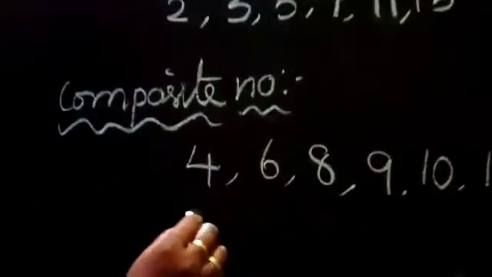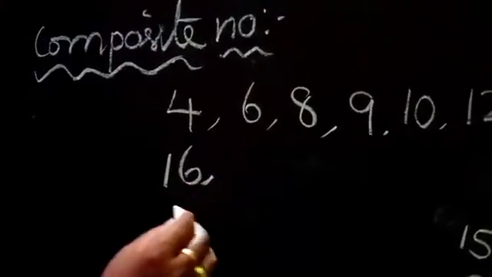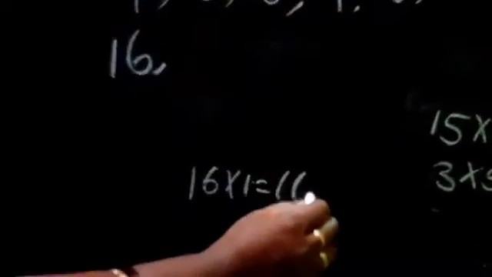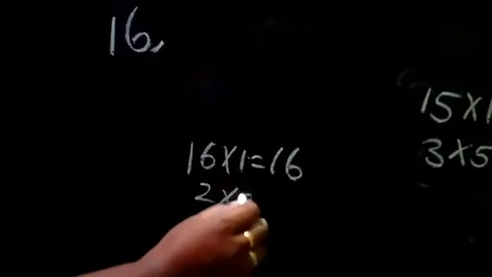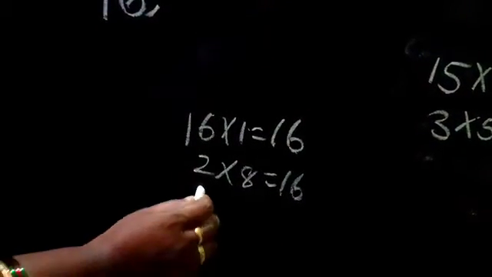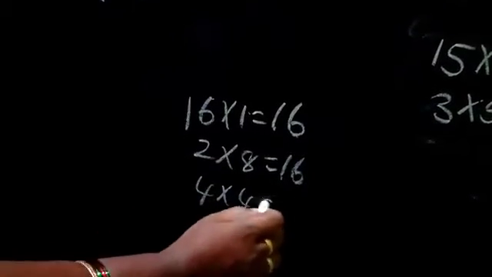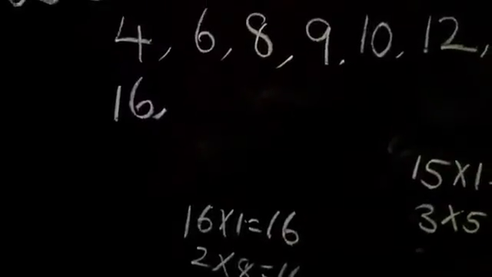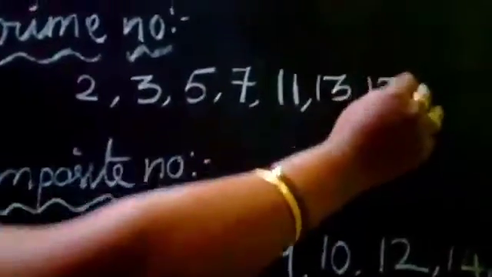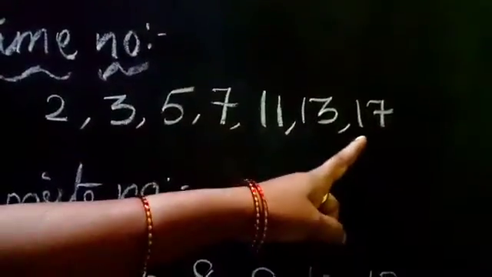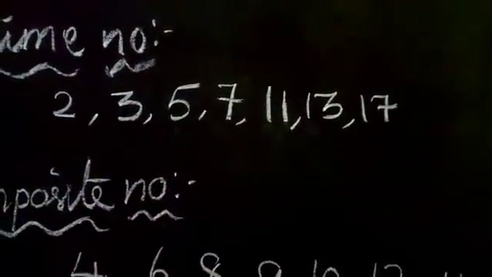So this is a composite number. Next number is 16. 16 ones are 16, 2 8s are 16, 4 4s are 16. So this is a composite number. Next number is 17. 17 will not come in any other table. Only in the 17th table one time it will appear.